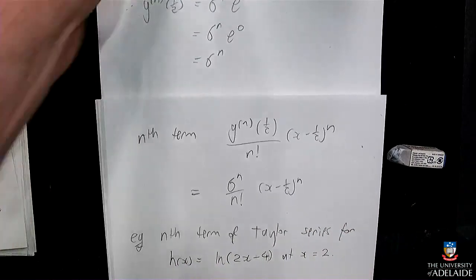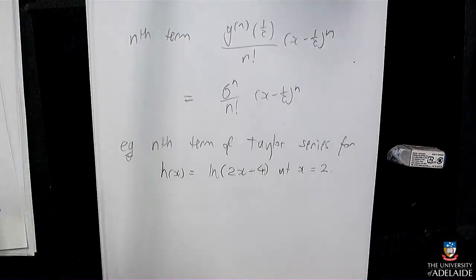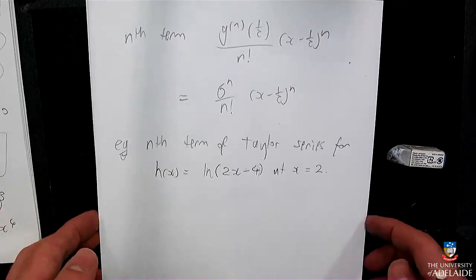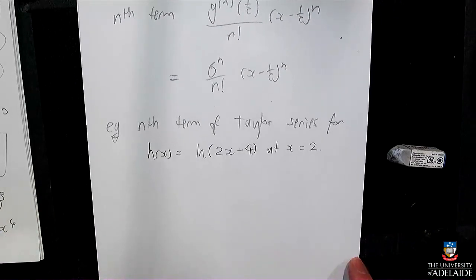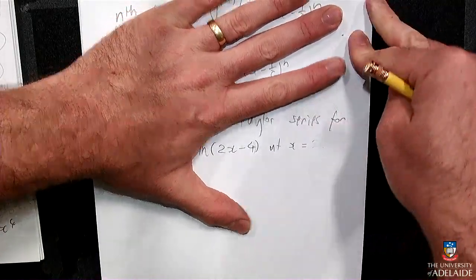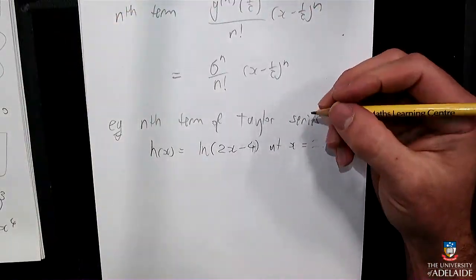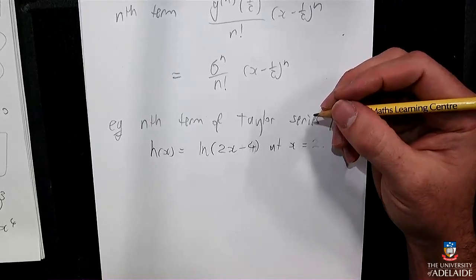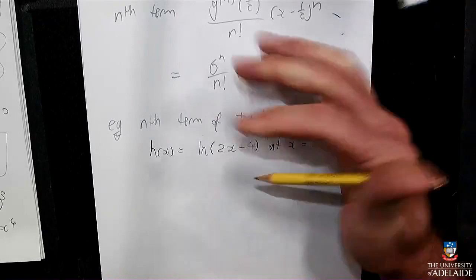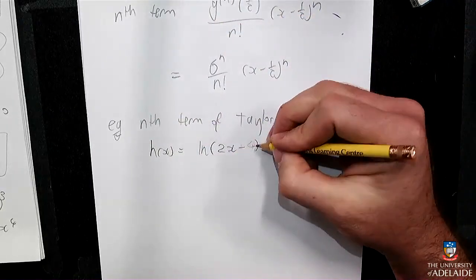All right, so the nth term of the Taylor series for h of x, which is ln of 2x minus 4 at x equals 2. No, not at x equals 2. That's going to be bad. Gosh, I'm silly. Give me a minute. I'm going to make that a 5.